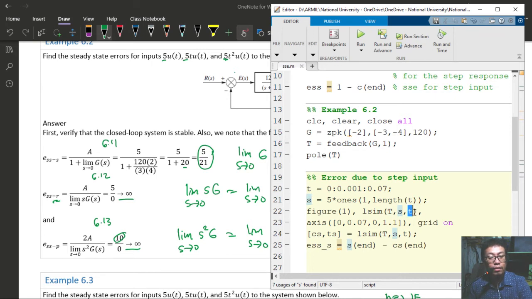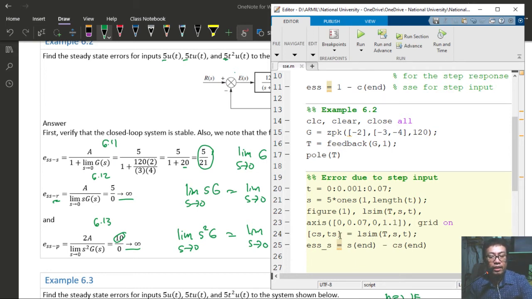Tapos yung t, which is the time vector. Okay, so yung axis nyo, nilimit ko lang sa 0 hanggang 0.07 for the x limits. Tapos sa y is 0 siya sa pinakamababa, tapos 1.1 sa pinakamataas.